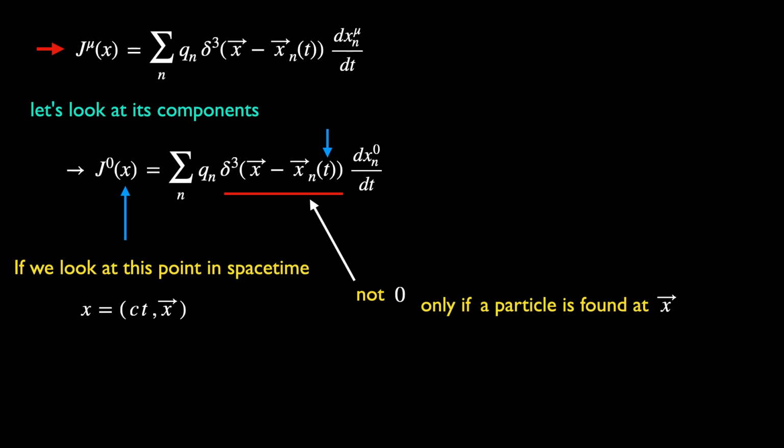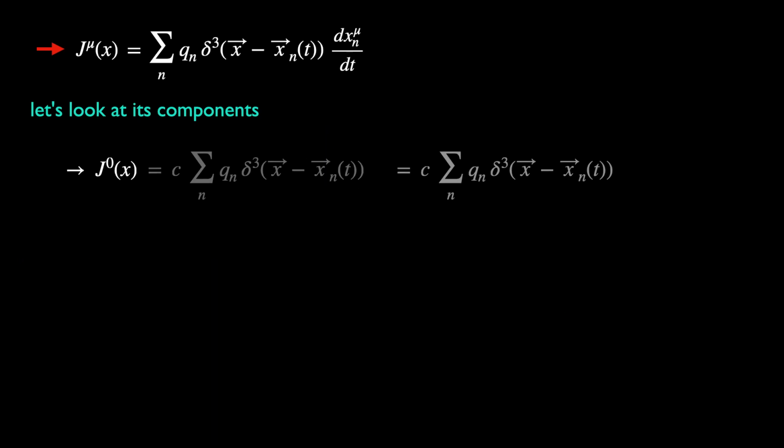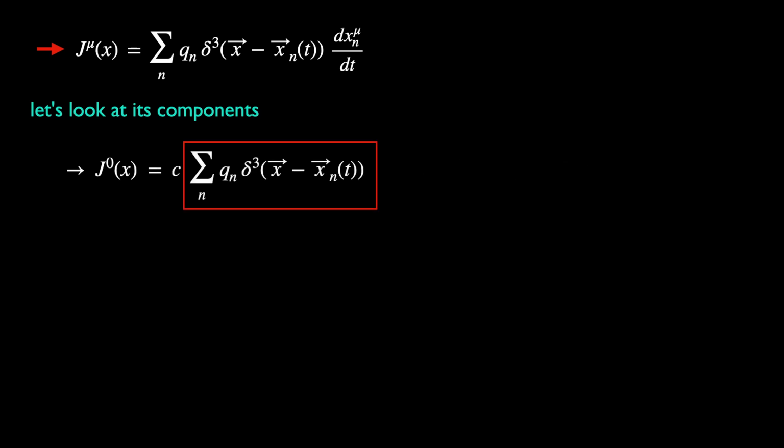We can see this directly. First note that this derivative just evaluates to c. Thus J0 becomes, we will see that this term in the red box is the charge density. It has all the right properties for a charge density.